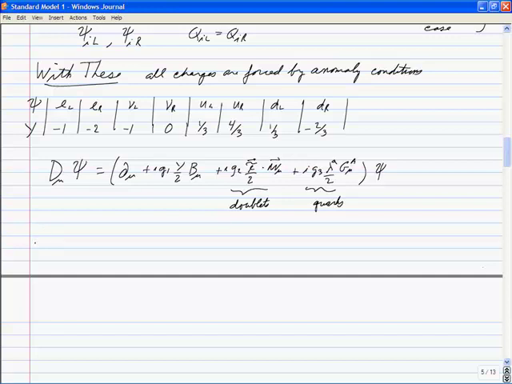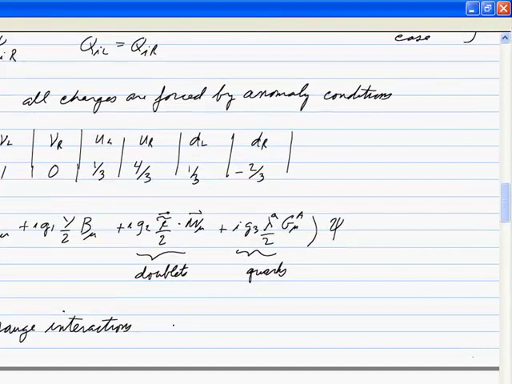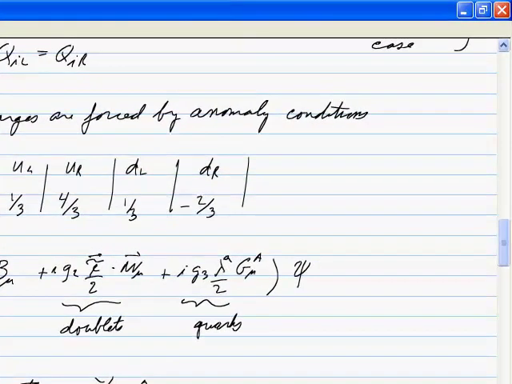And the last thing that's interesting out of this is that the right-handed neutrino has no gauge interactions. It's not in a doublet, it's not a quark, its hypercharge is 0, so it doesn't interact with any of the three gauge bosons.